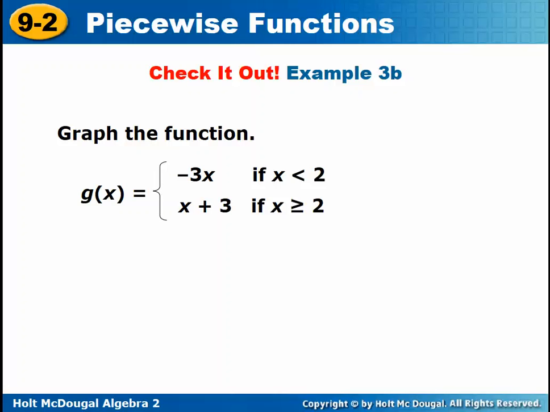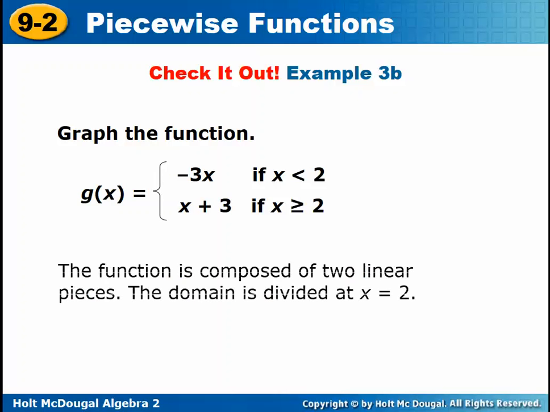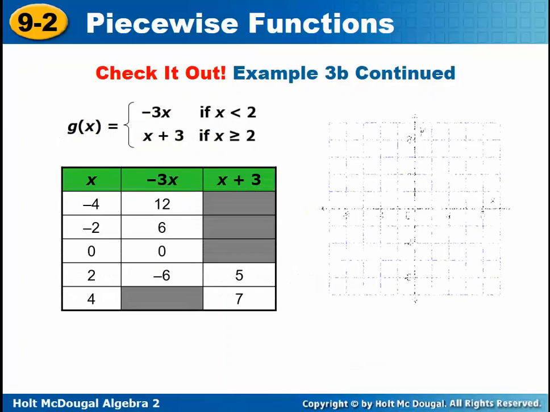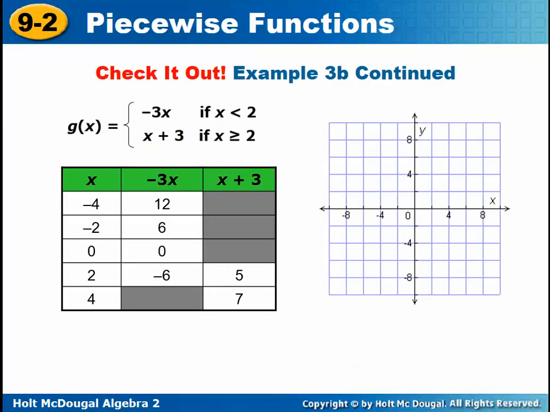Here's another one to try. This again is going to have two lines. Part of it will go up to 2, and the other part will go from 2 and greater. So the line y equals negative 3x has a y-intercept of 0. And then the slope is negative 3 over 1.